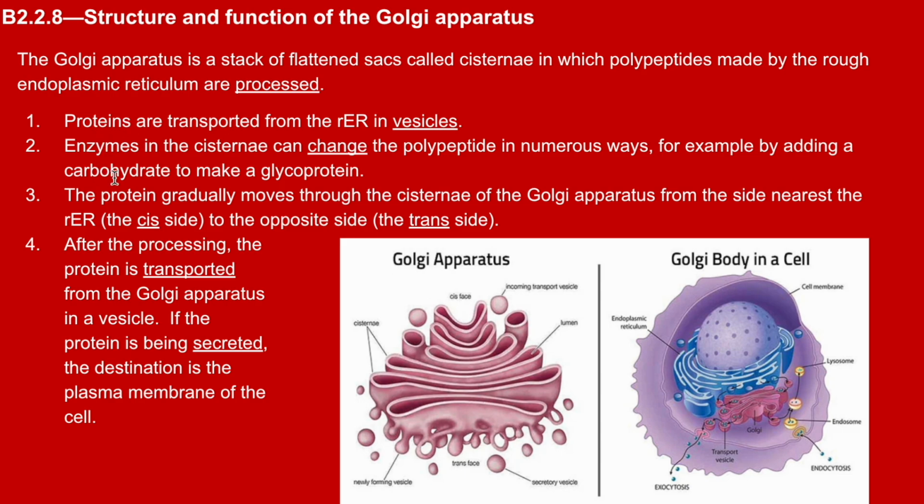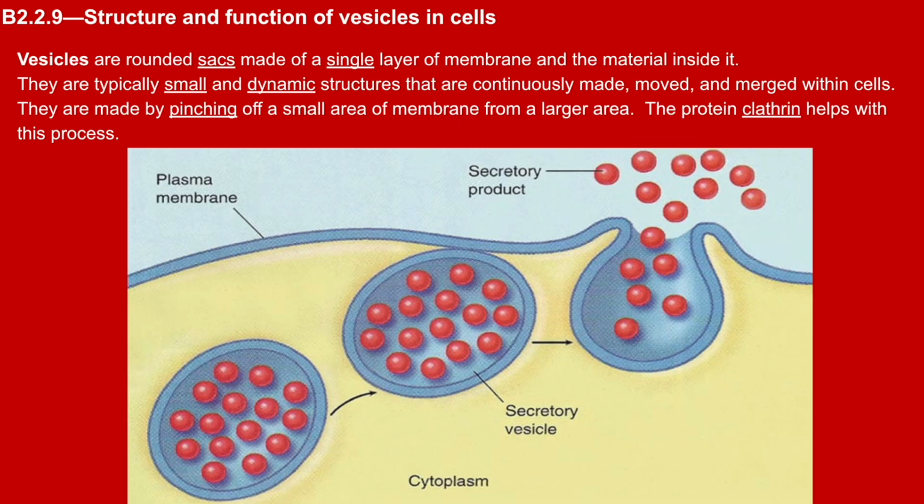They might add a carbohydrate to make a glycoprotein. And as they go through all this processing, those vesicles can eventually be secreted through exocytosis outside of the cell, and that product can then do whatever it needs to do.